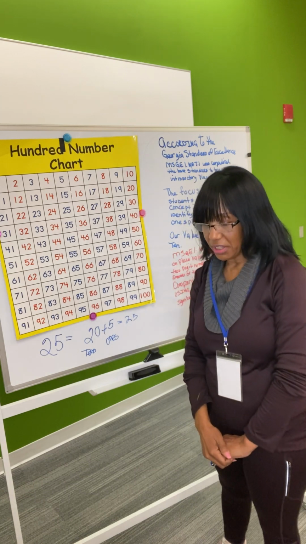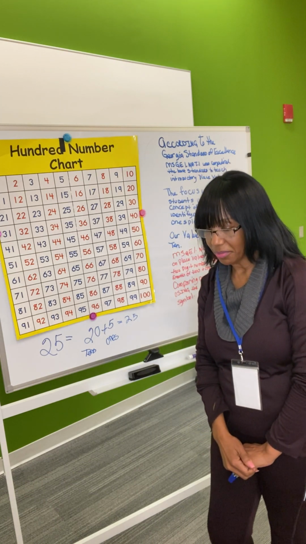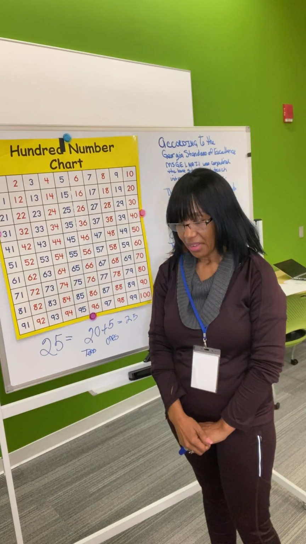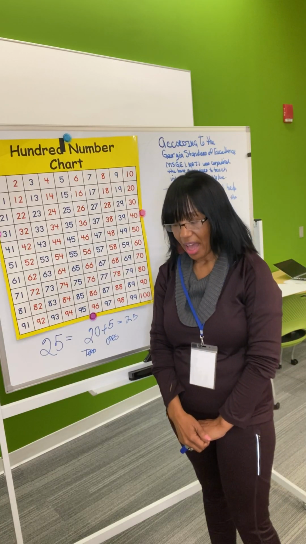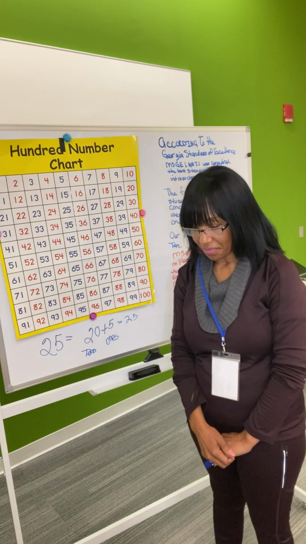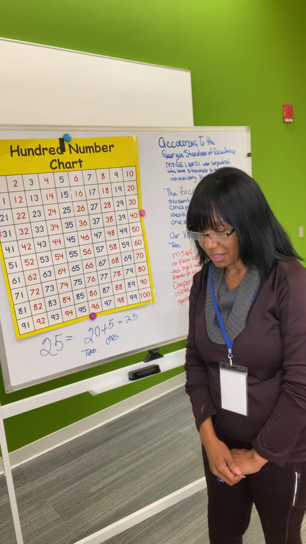Procedural fluency involves solving problems. For instance, 5 is in the tens place, and 2 is in the ones place.